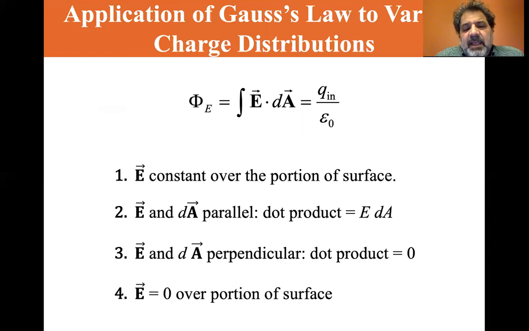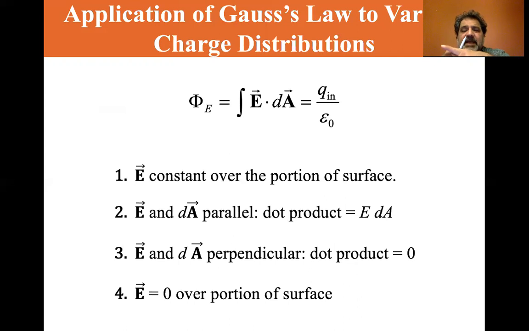If E and dA are parallel, that means that theta is equal to 0, and E dot dA is equal to E dA cosine theta. Cosine of 0 is 1, so it's just E dA.